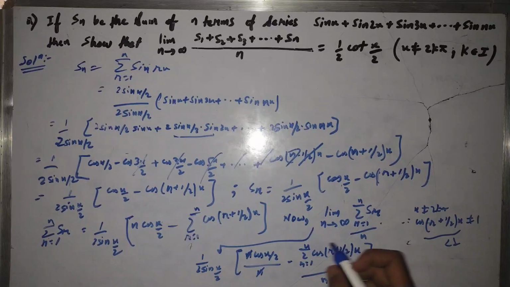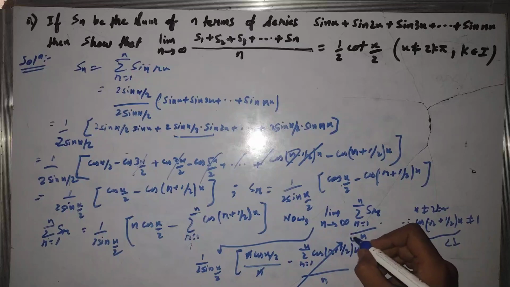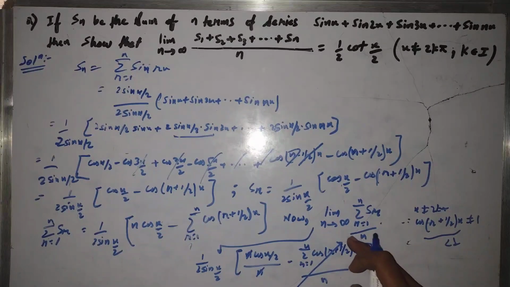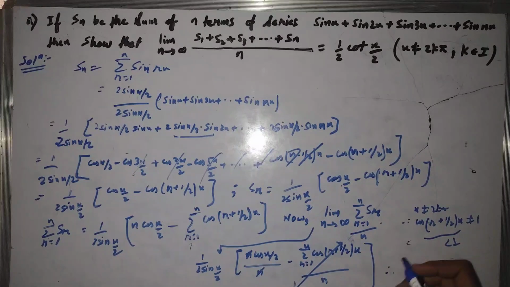Therefore this thing is bounded and the denominator goes to infinity, so this goes to 0. So this limit comes out to be 0. Therefore our actual limit is 1 by 2 times cos x by 2.